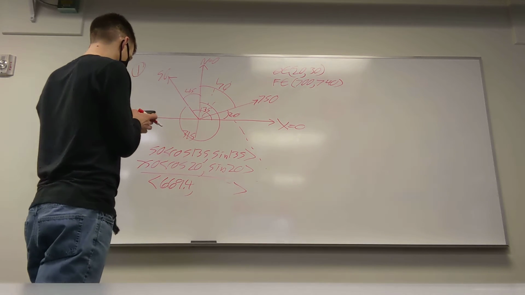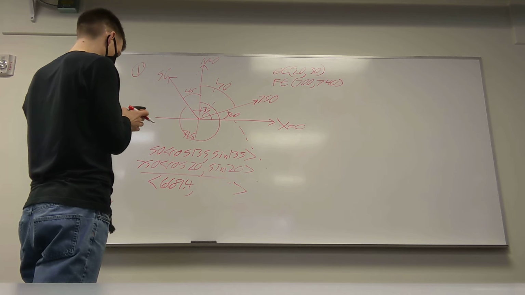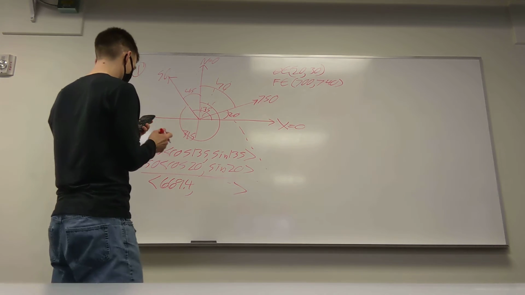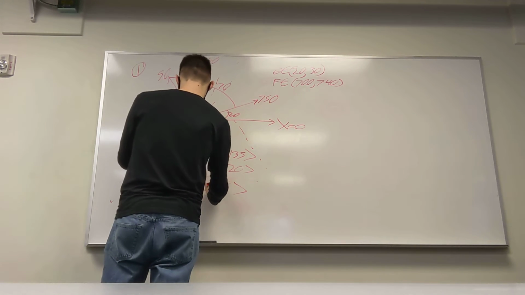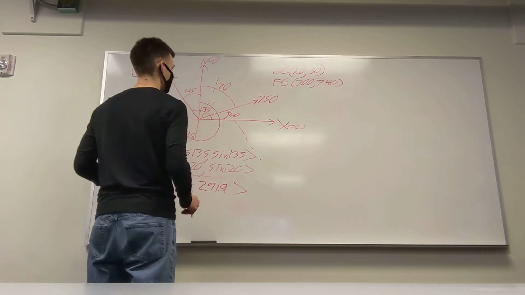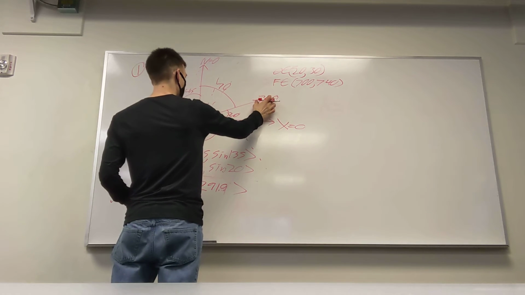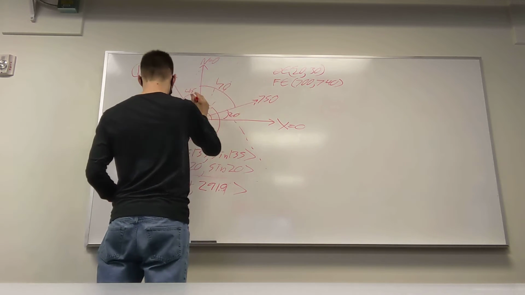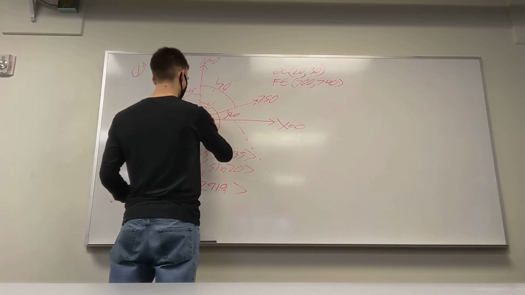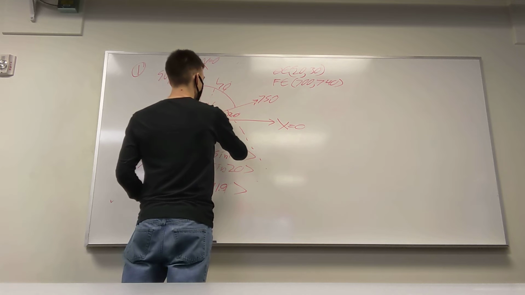Now I'll change those to sine, and that's 291.9. That makes more sense, because it should definitely be more in this direction, close to this, not almost vertical. I mean, it's going to be something like that.